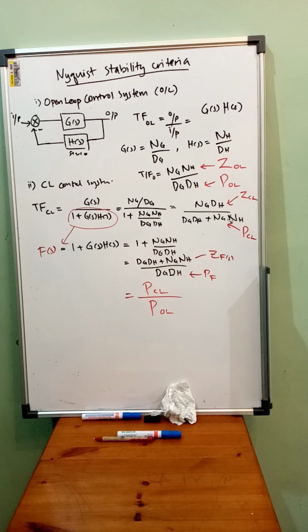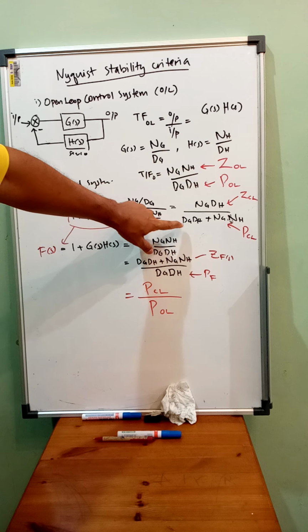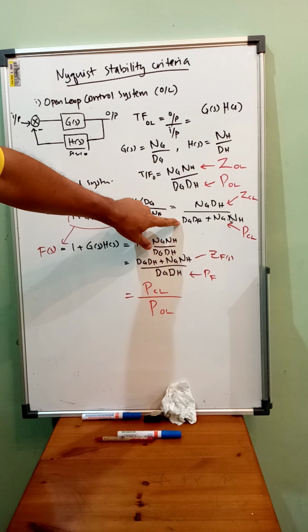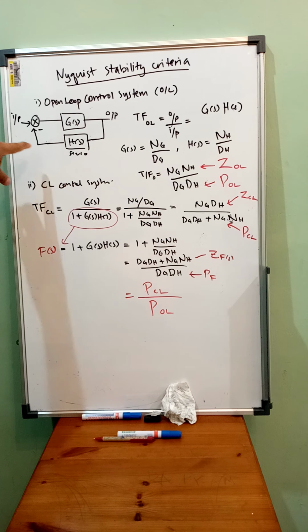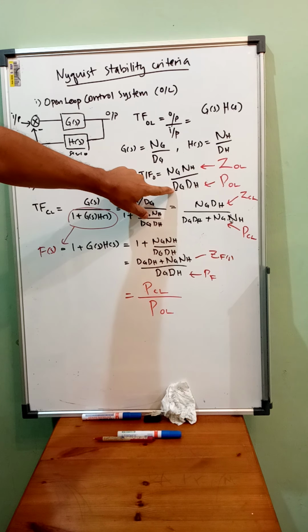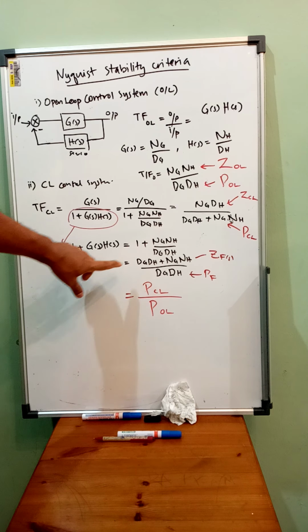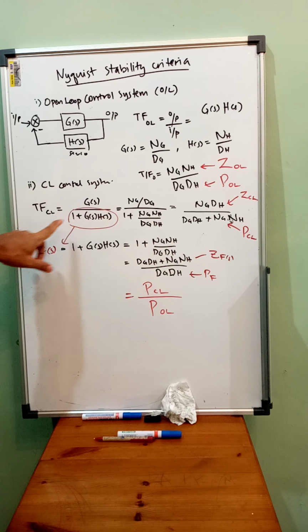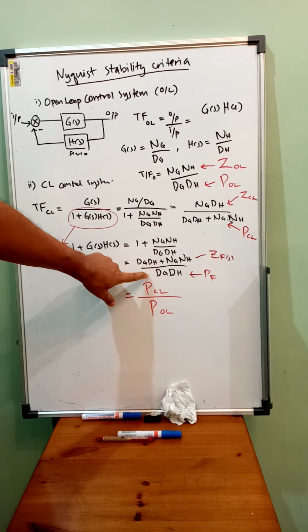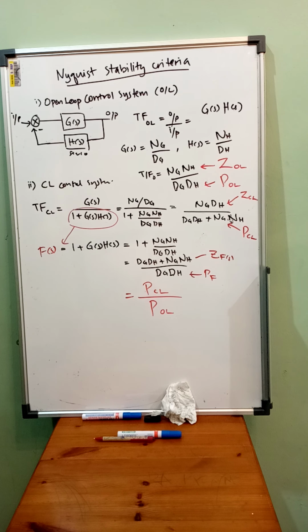To check the stability of the closed loop control system, we check its poles. To check the stability of the open loop, we check its poles. So by just using this equation, we can know both stabilities, one for the closed loop and one for the open loop control system.